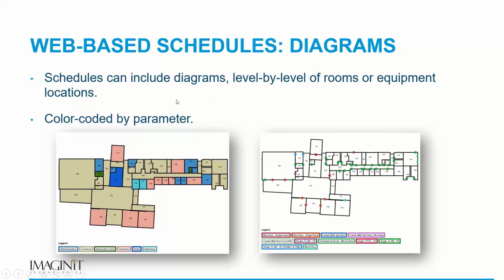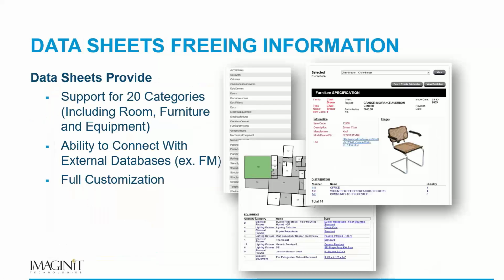So we can extract out web-based schedules, and that's more than just the data, but even getting into some graphical representations, key plans and thematic maps and the locations of equipment within a particular level. And we can also generate room and equipment data sheets just automatically based on the data that you have inside of Revit already. It's all customizable.